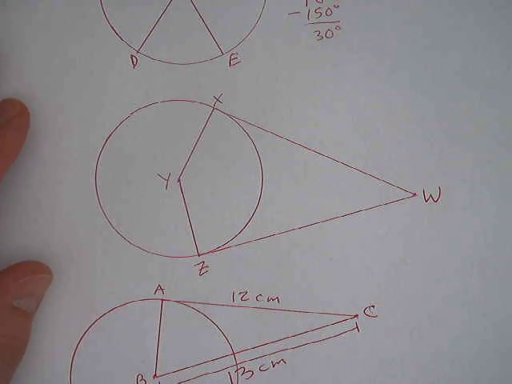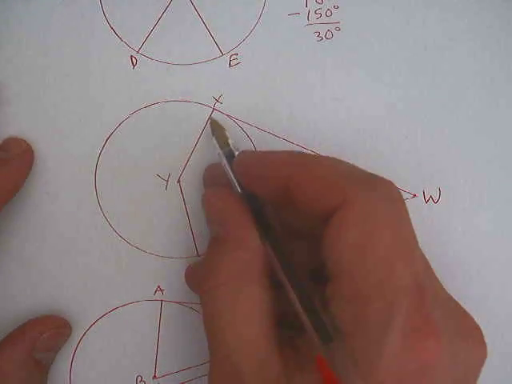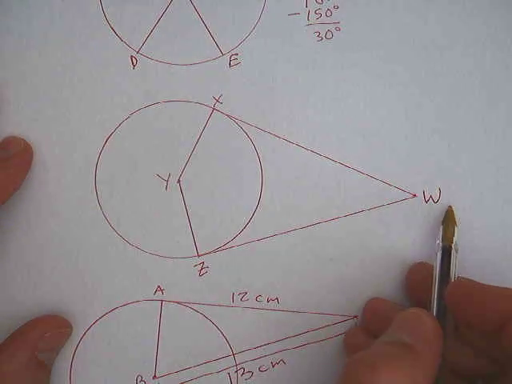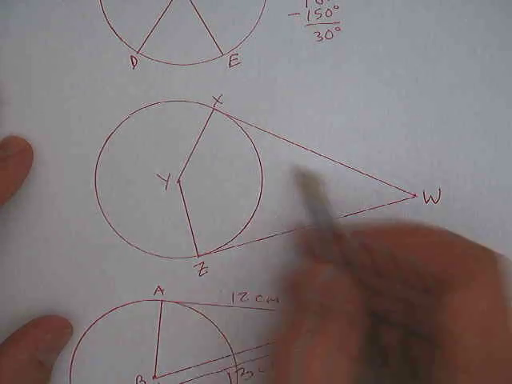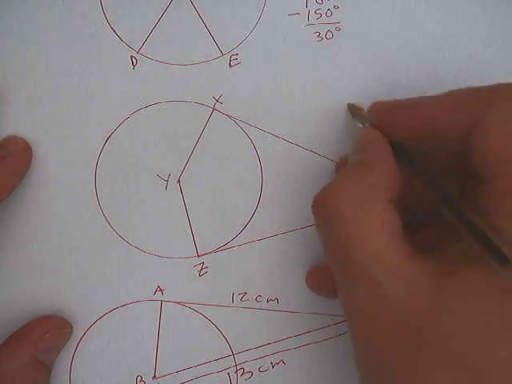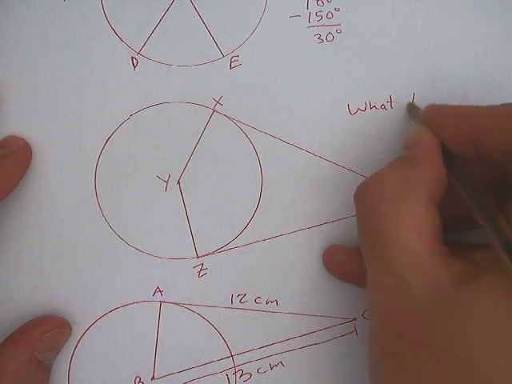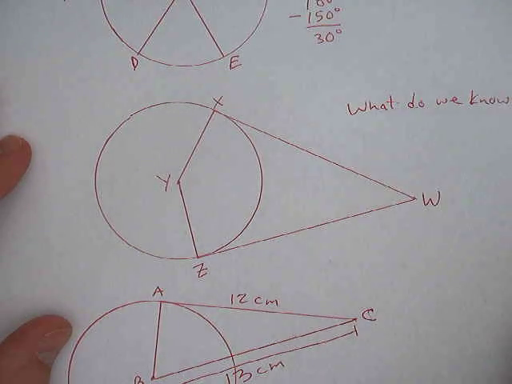Right. Next problem I have here. It says, let's assume that XW and ZW are tangent segments, or tangent to the circle. So what are some of the things that we know?